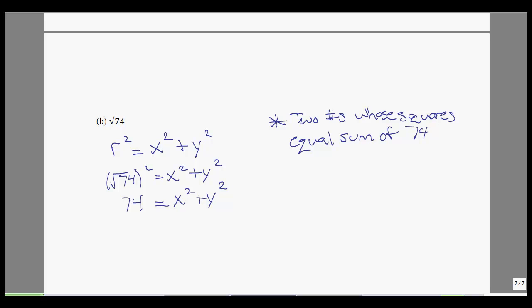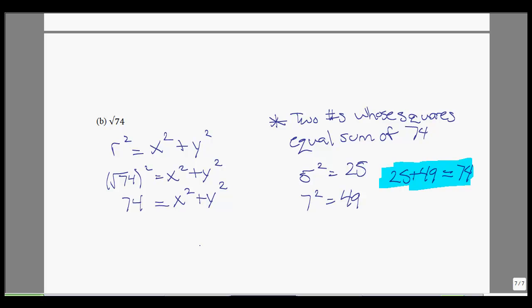I can deduce that since the square of 5 is 25 and the square of 7 is 49, where 25 plus 49 equals 74. Hence, we find that we will have either a point of 5, 7 or 7, 5.